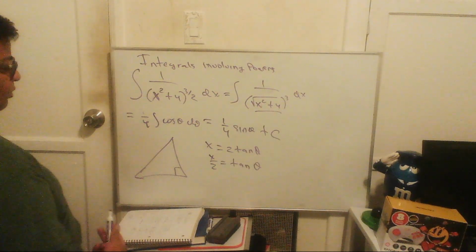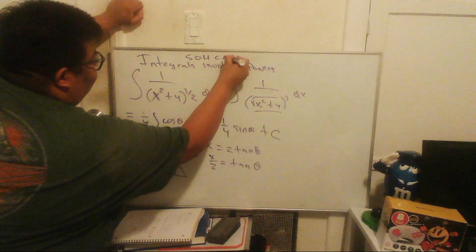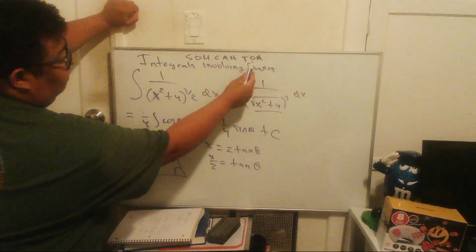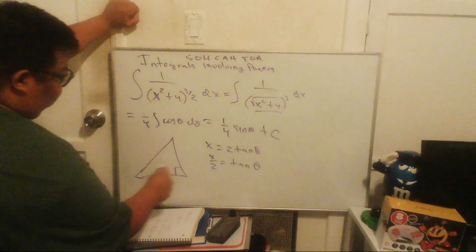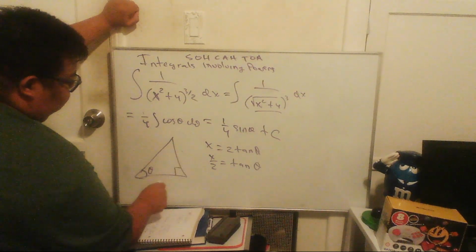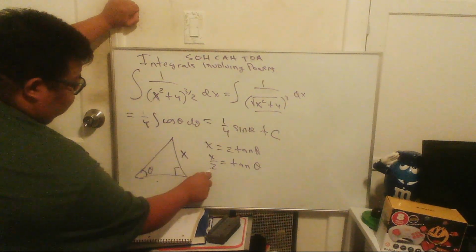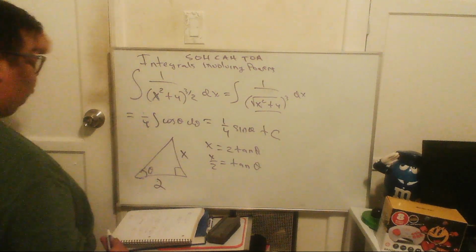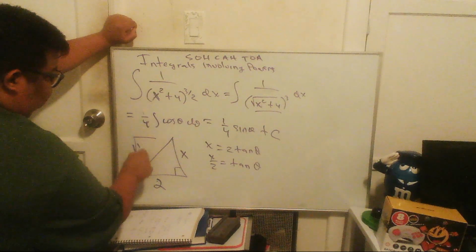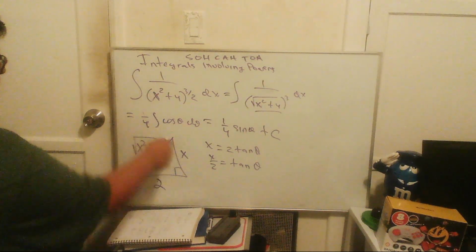And remember, from SOHCAHTOA, tangent is equal to opposite over adjacent. So if this is theta here, that will be opposite over adjacent, so what's opposite is x, and what's adjacent is 2. What that tells me, if you do the Pythagorean theorem, is that this here is equal to the square root of x squared plus 4.